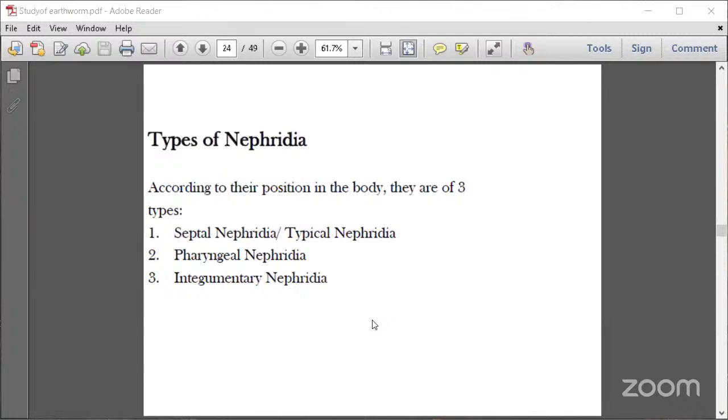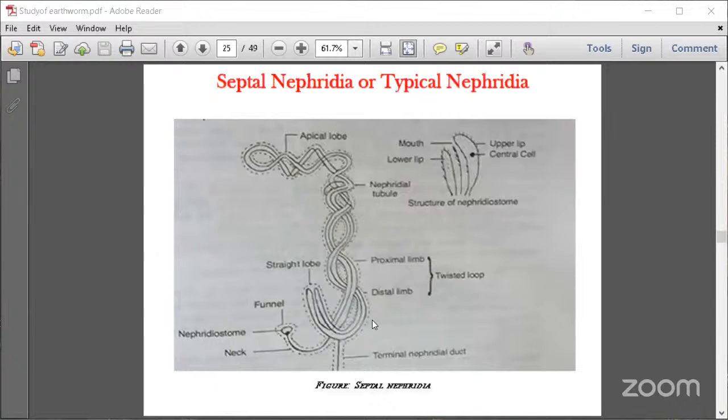According to their position and placement, they are of three types: septal nephridia, also called typical nephridia, pharyngeal nephridia, and integumentary nephridia.